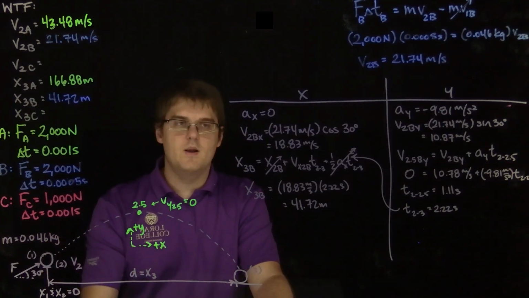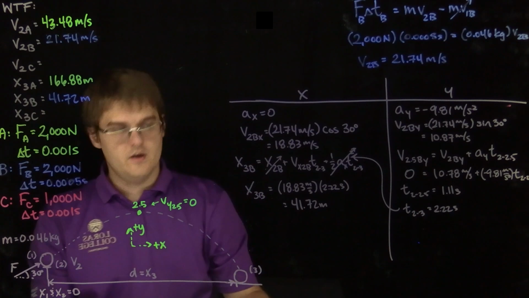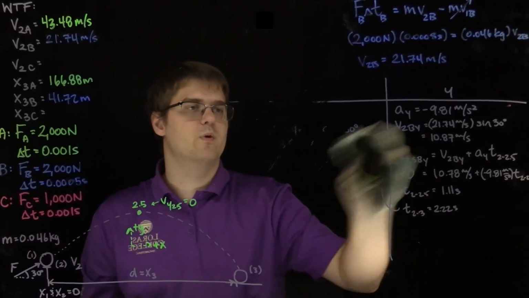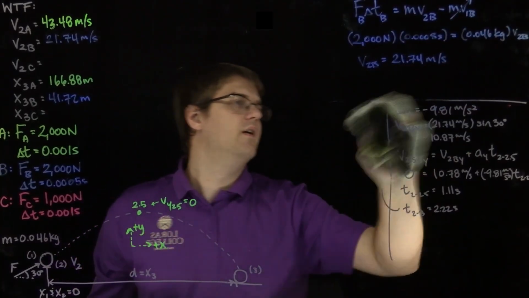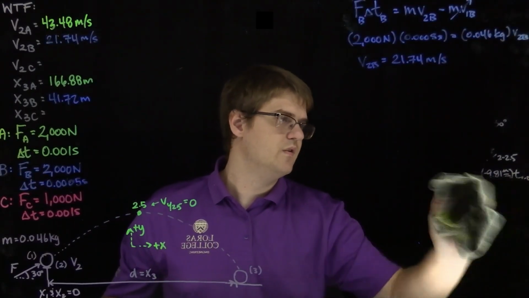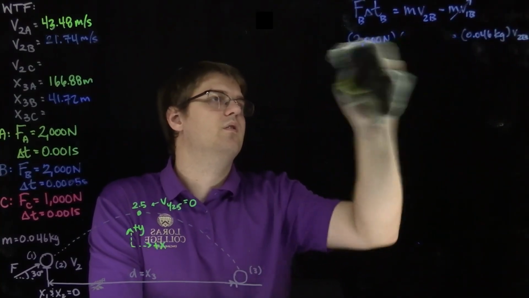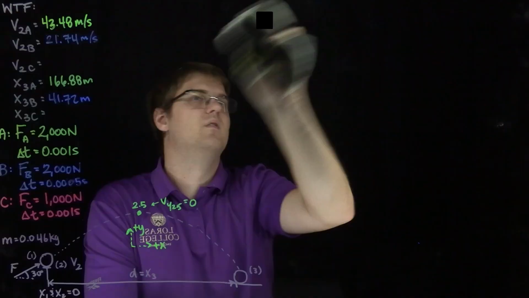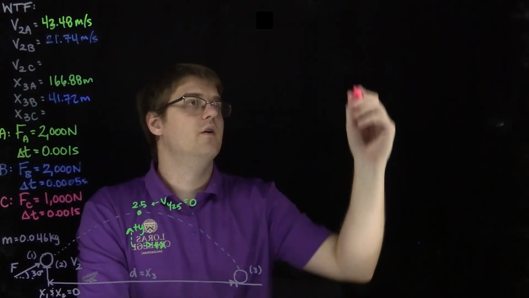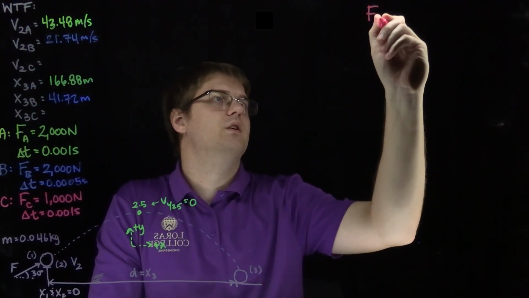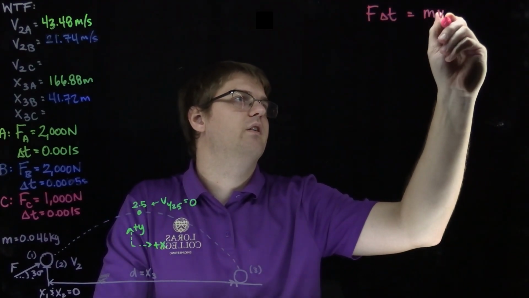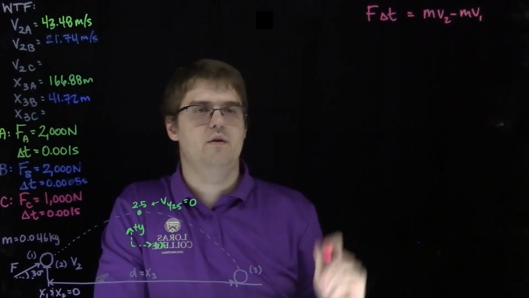Okay, what about if we half the force? And I will write the first half out and we'll realize that we already have the numbers, but give me a second here. Okay, last one, we're almost there. So we have our force times our change in time is equal to mass times velocity at 2 minus mass times velocity at 1.